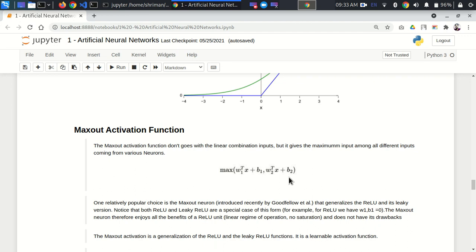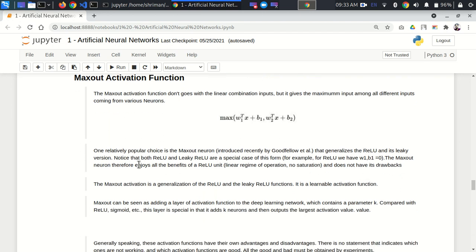Whenever this type of input gets inside the neuron, and if we are using the maxout activation function, it will not consider the linear combination, but it will give you only that value which has the maximum input, the largest value. So in that case it will give you the maximum value among all the different inputs.